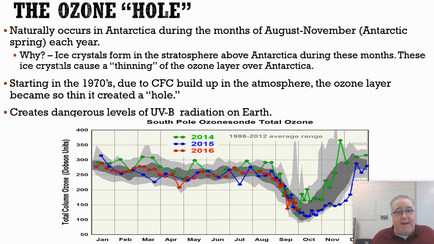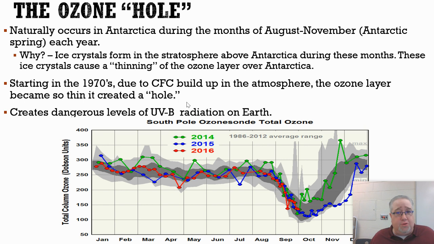The reason why the ozone layer gets thin is because of ice crystals that build up in the atmosphere. Those ice crystals can actually contribute to the thinning of the ozone layer above the Antarctic, and that's the only place that we really see that happening. So the ozone layer does naturally get thinner.